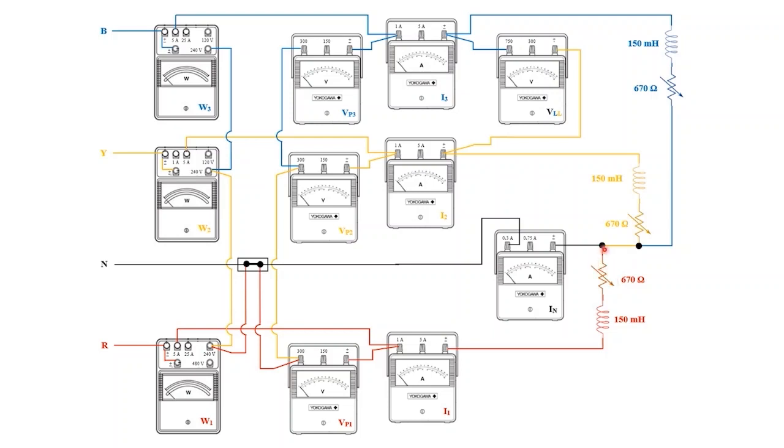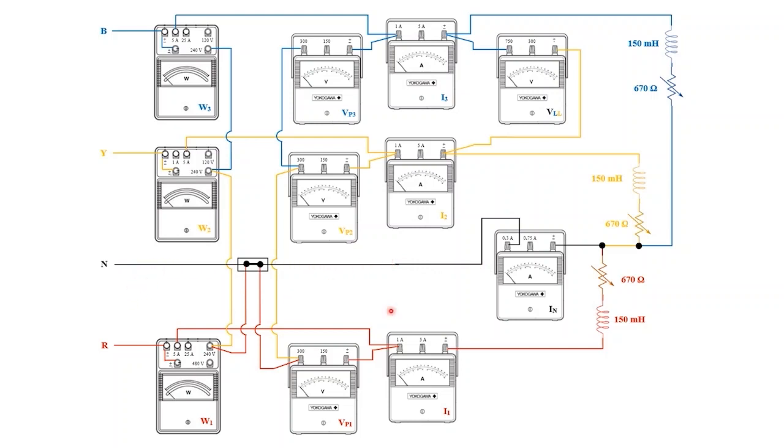Hence, we have formed the common point of the star connection. The neutral conductor is connected to this common point. This neutral conductor is then connected to the ammeter, and through the ammeter it goes to the neutral point of the panel board.